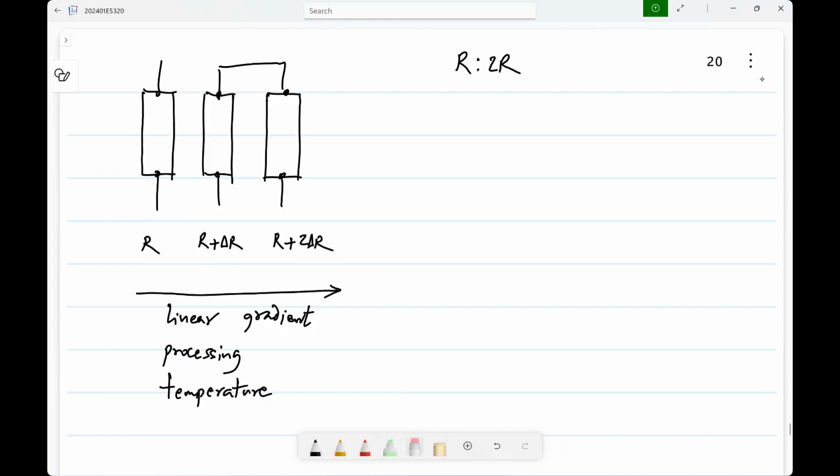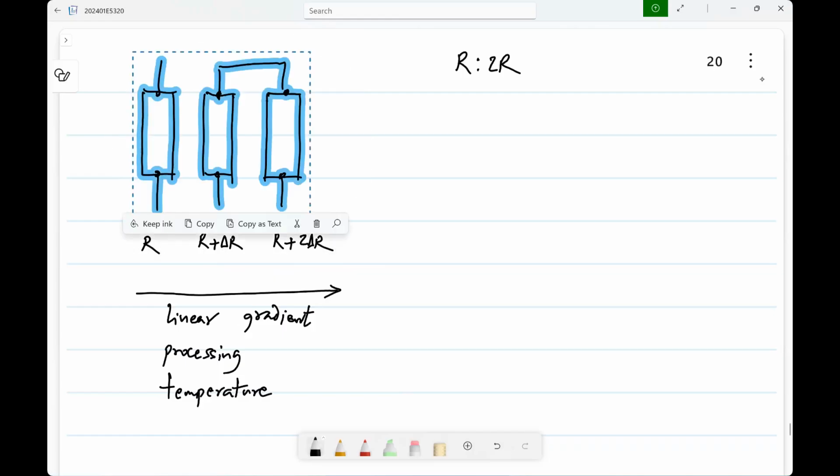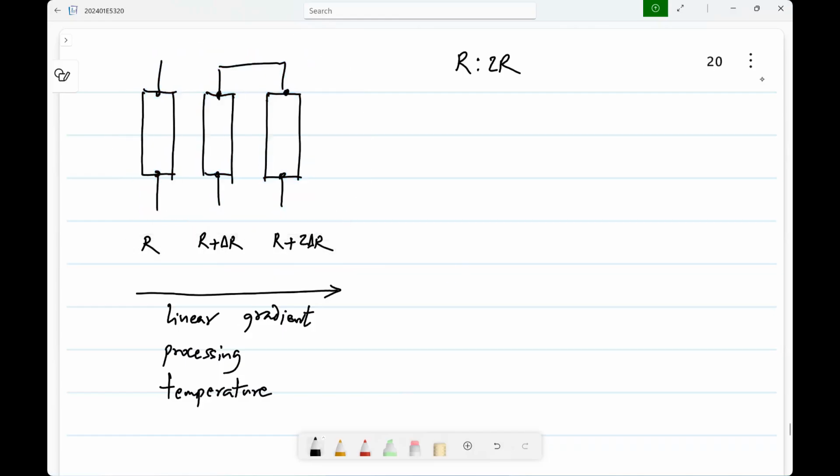So is there any way to now fix this? Yeah, exactly. This is not how you should configure it.